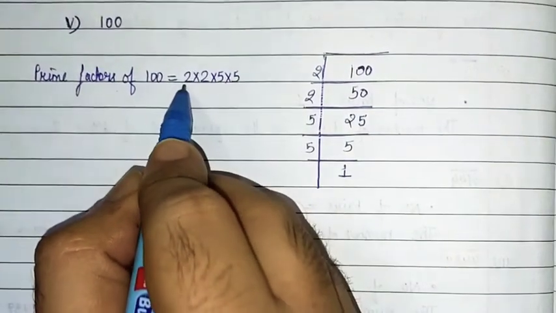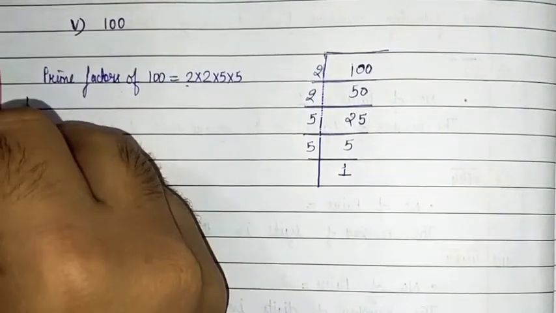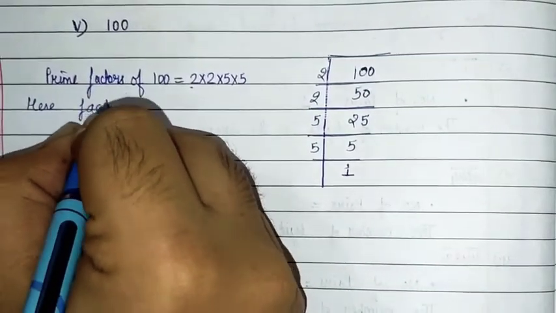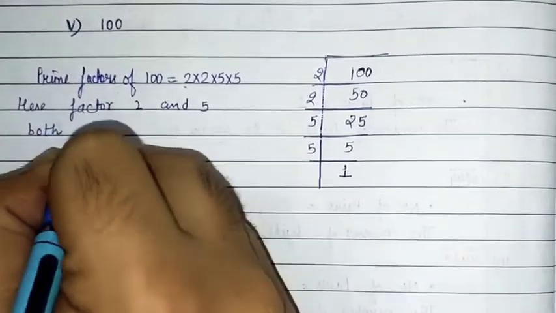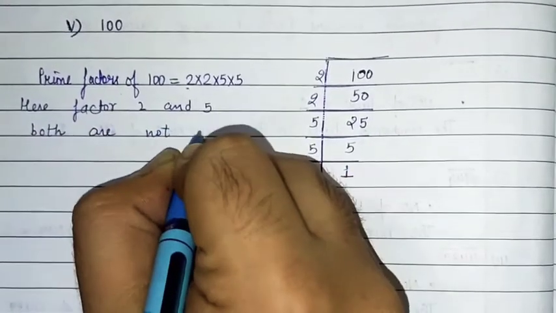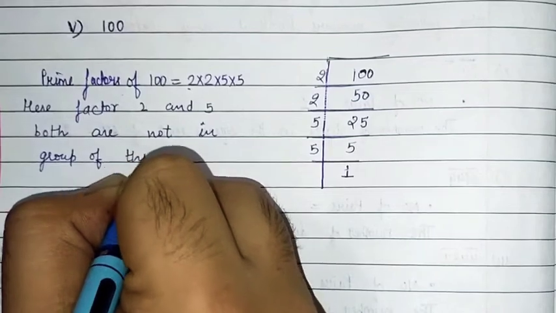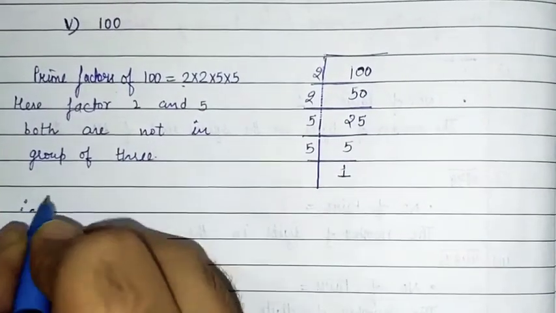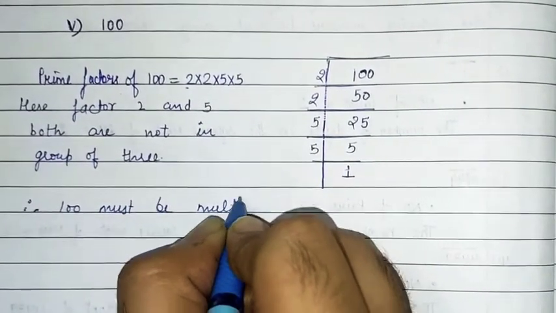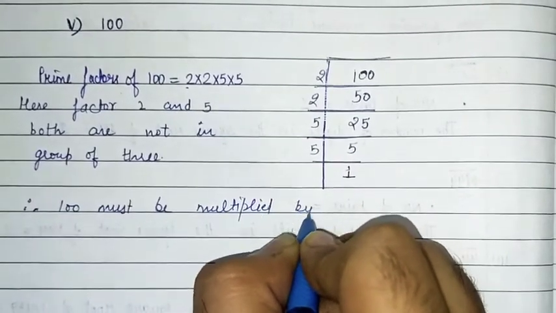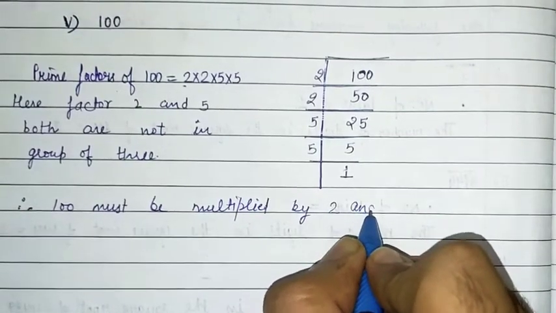As you see, 2 is not in a group of 3 and 5 is also not in a group of 3. So here write down: factors 2 and 5 both are not in a group of 3. Therefore 100 must be multiplied by 2 and 5, because 2 is not in a group and 5 is not in a group.